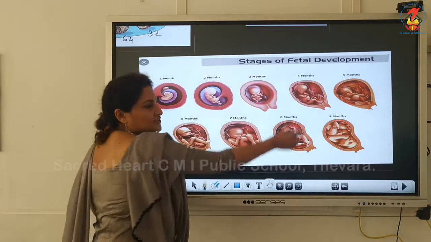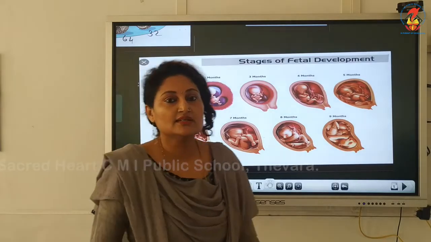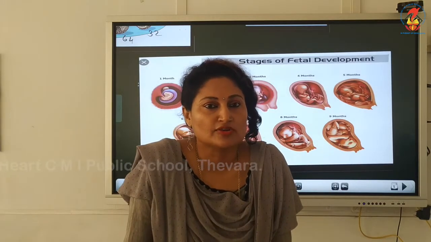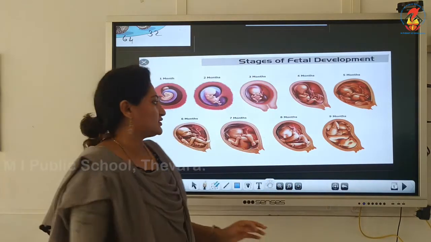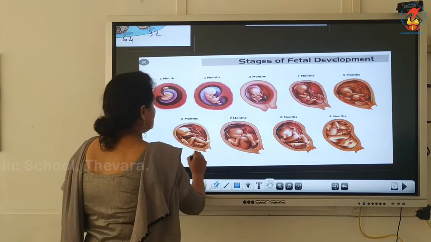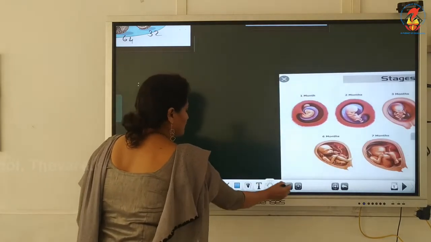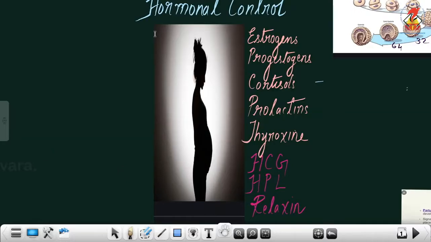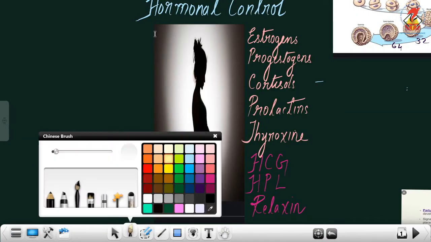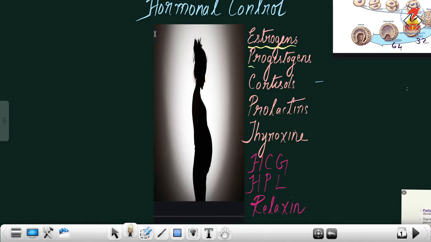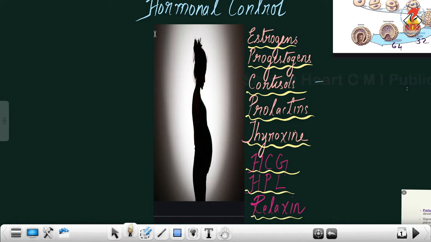Now, during this gestation period, the maternal blood, the mother's blood, consists of a lot of hormones in high levels. So, we can analyze which are these hormones. The hormones present in the mother's blood are estrogen, progestogens, cortisols, prolactins, thyroxins, HCG, HPL and relaxin.